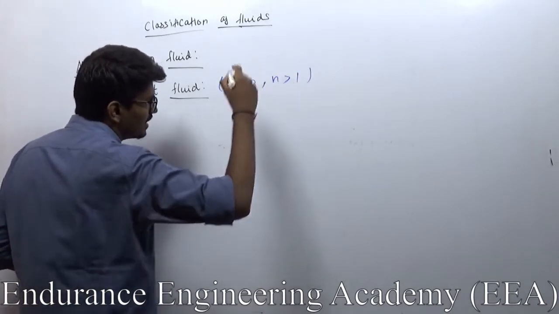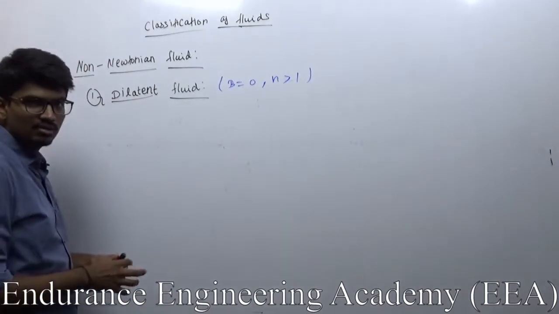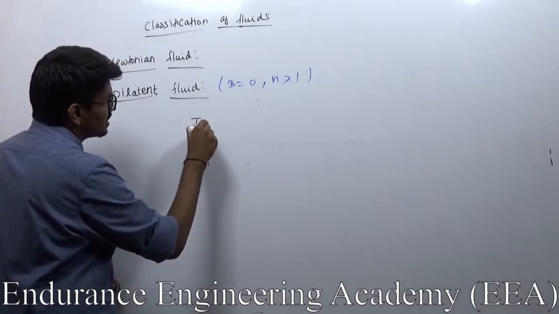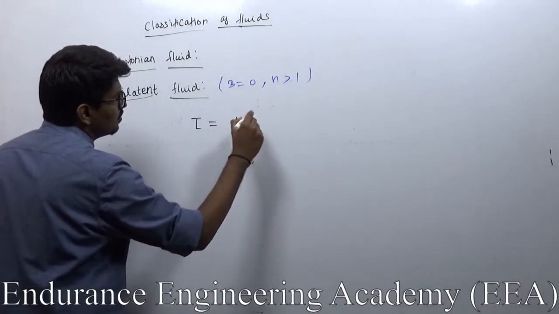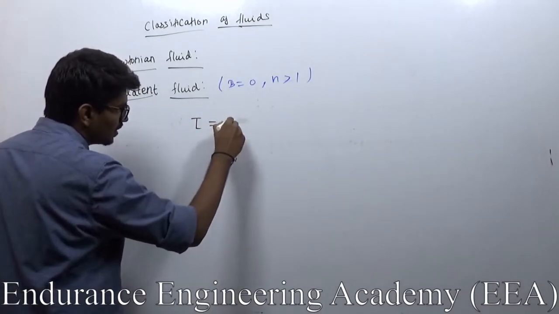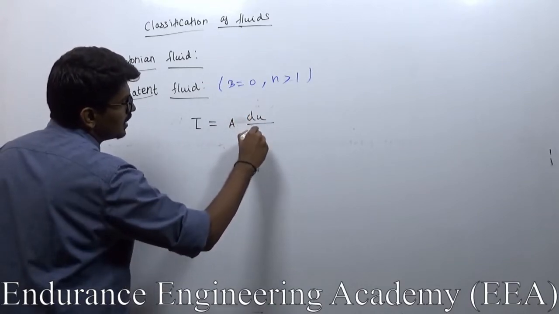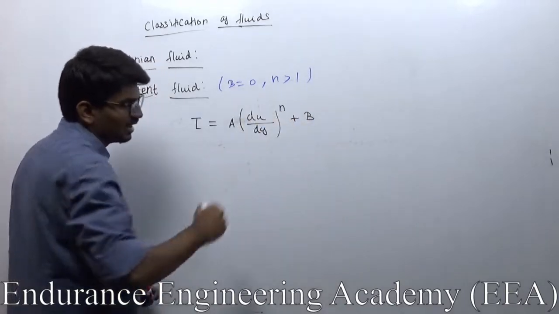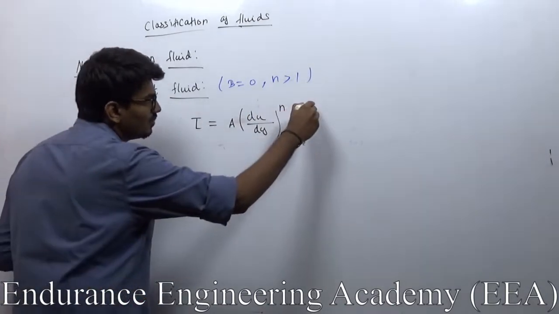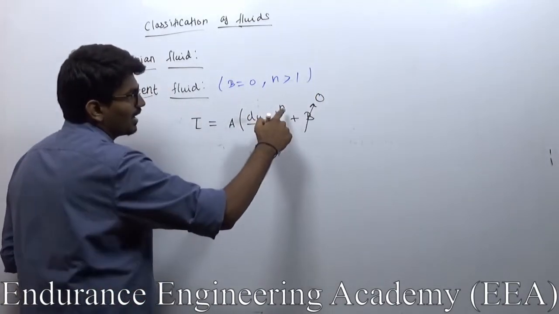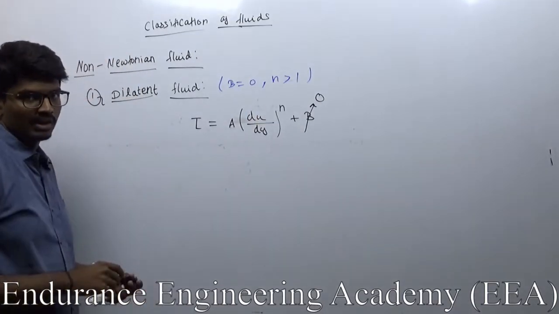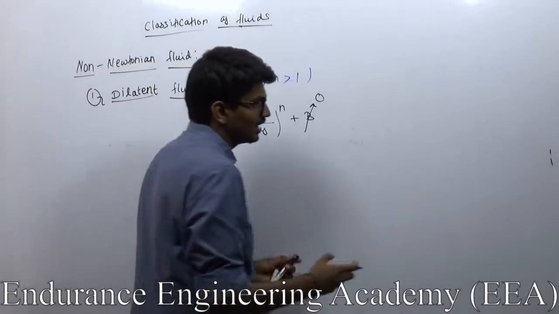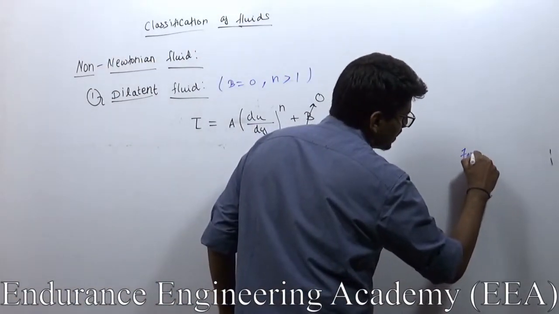So tau, I know the generalized equation, tau is equal to A into (du by dy) whole power n, plus b, right? Now for a dilatant fluid, b value should be 0 and n value should be greater than 1.